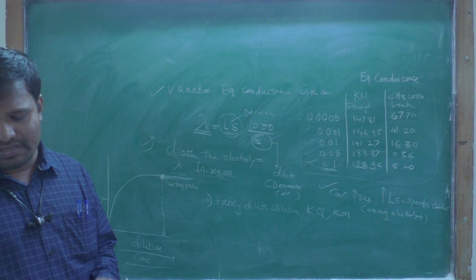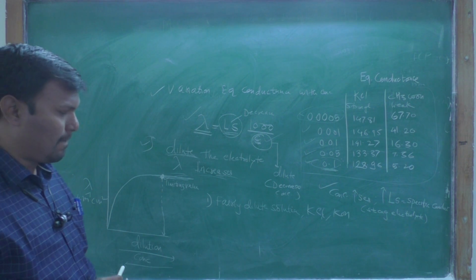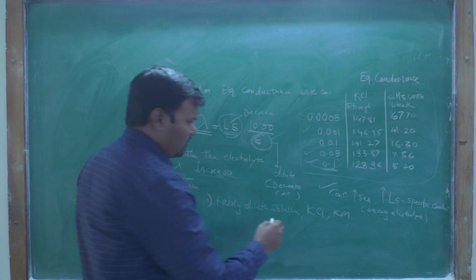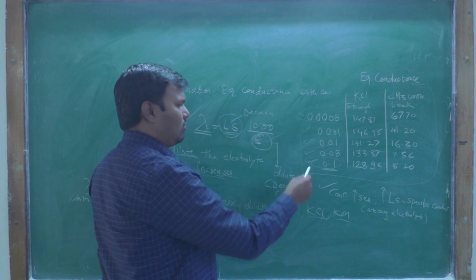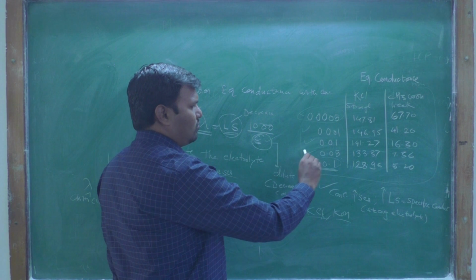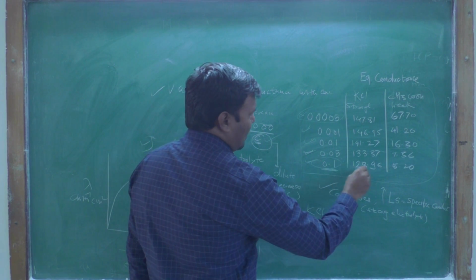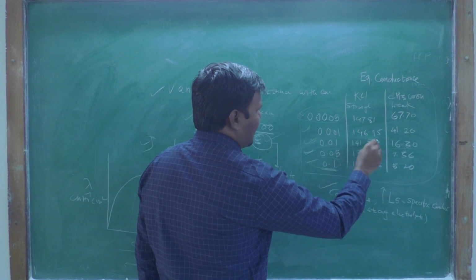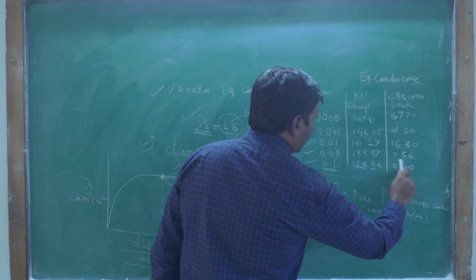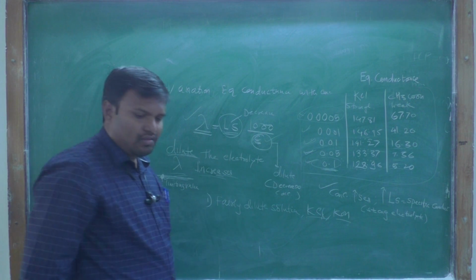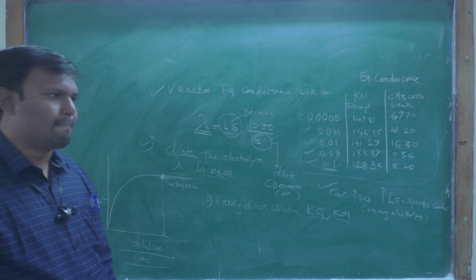It does not increase appreciably with dilution. When you dilute HCl or KCl, strong electrolytes, again and again, the value does not increase as much as the values for weak electrolytes.